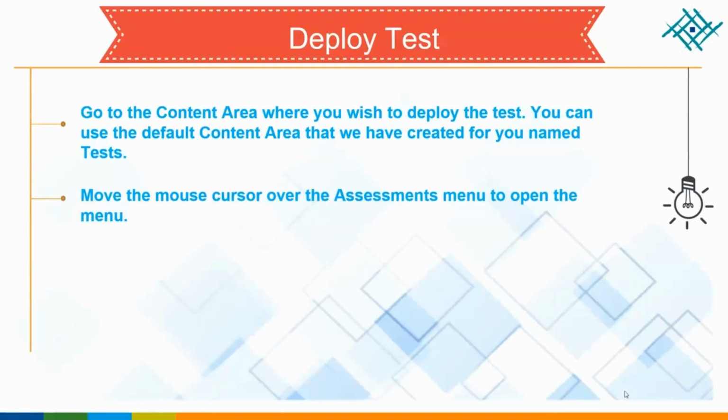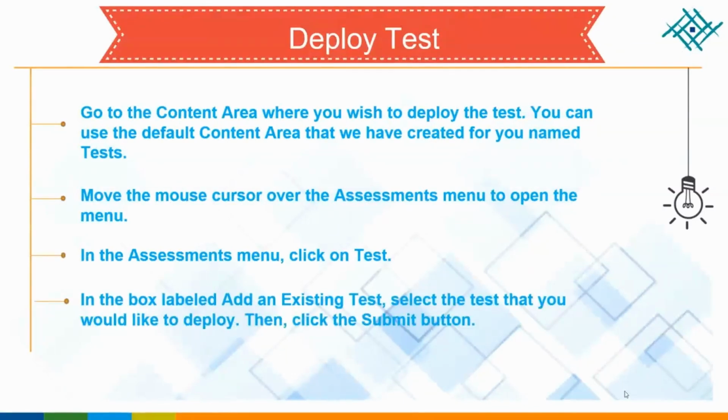Move the mouse cursor over the assessment menu to open the menu. In the assessment menu, click on test. And in the box labeled add existing test, select the test you would like to deploy, then click submit.